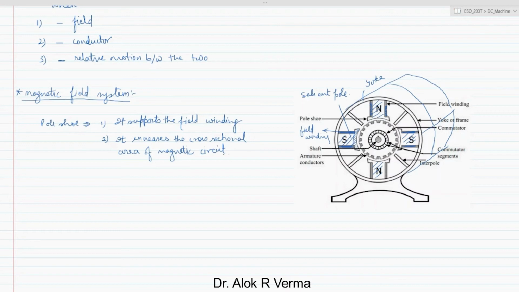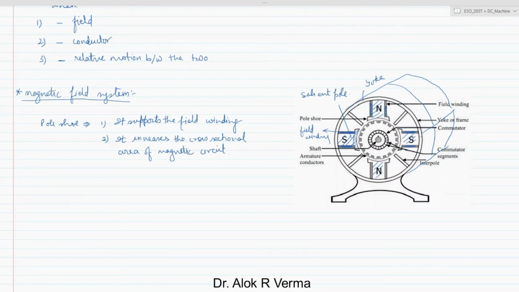The pole cores are again made of laminations to avoid eddy current losses in the material. Each pole core has one or more field coils or windings placed over it, as I have marked here.